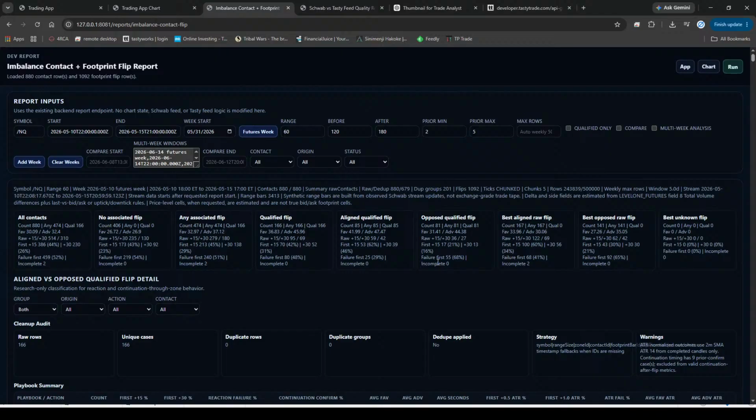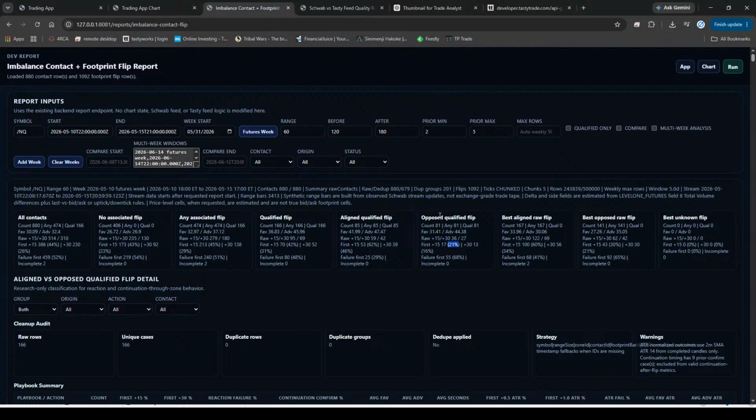But what we can see is that a fifth of the time, I do pull back 15 points. So even though it continues, there is a small fraction of the time that even if it's a continuance, I'm going to get a 15-point pullback from that first contact.